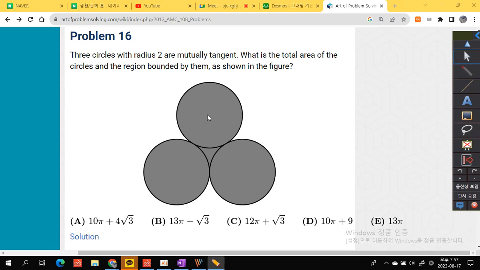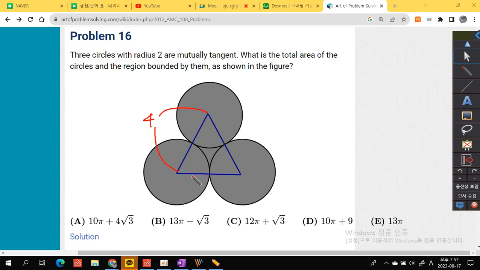In this problem, we can make this equilateral triangle by connecting the centers. I mean, the length of equilateral, each side length is 4.